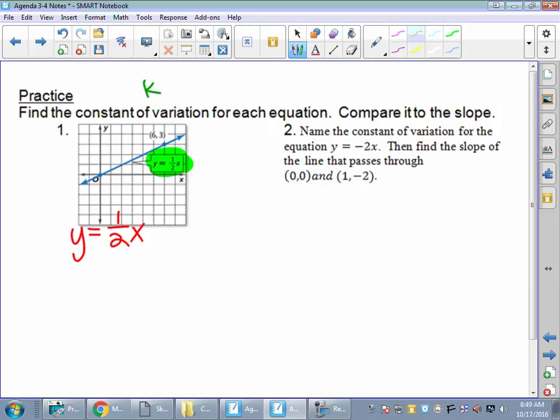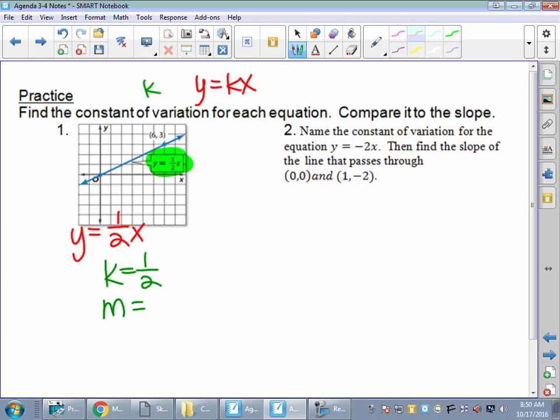Remember that our direct variation equation is y equals k times x. Well, if I want you to tell me what the k value is, it's always that number out in front of the x, the variable. So k should be equal to 1/2. It then asks you to compare it to the slope.